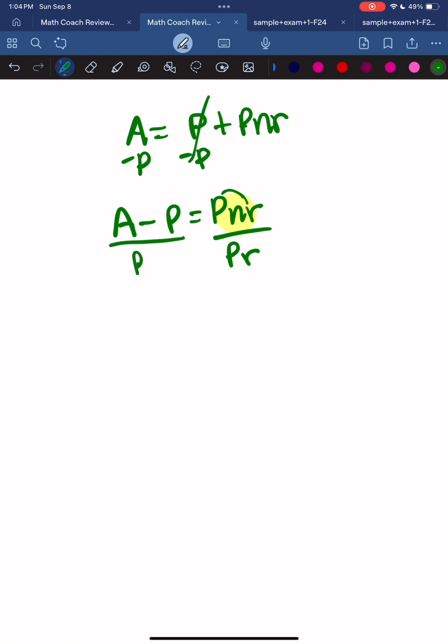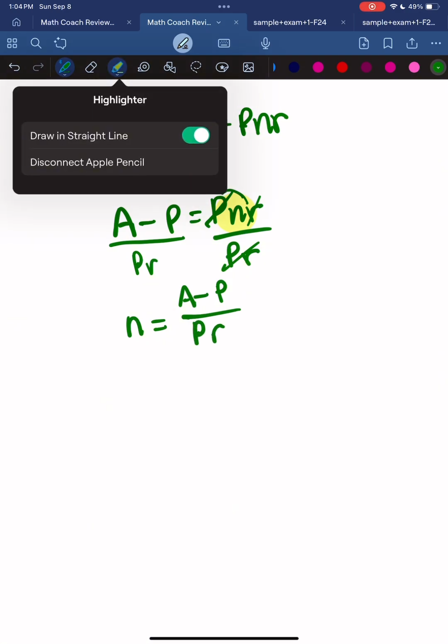Divided by PR, so this cancels. So n equals A minus P over PR. And that's going to be our answer.